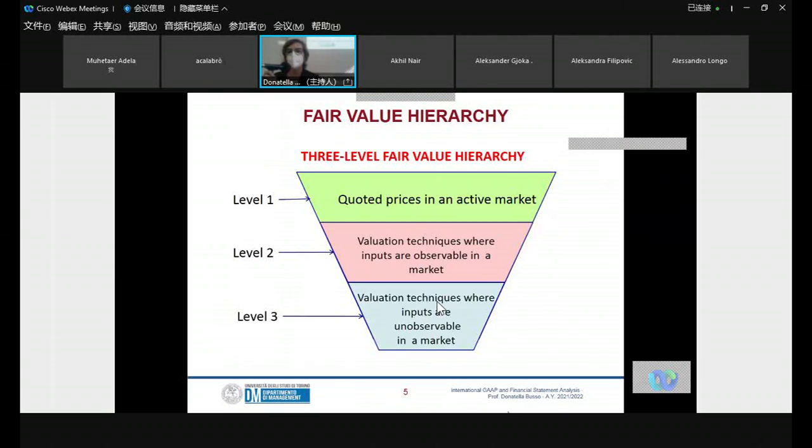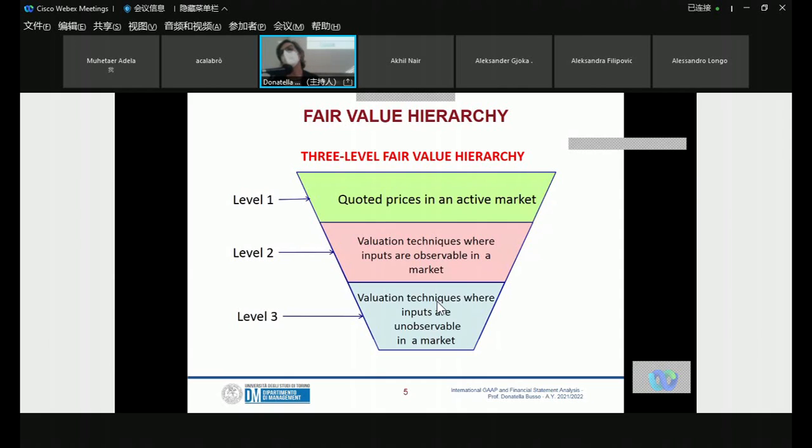But there are other assets and also liabilities that are not quoted, are not listed. And according to IFRS, some of these assets must be measured at fair value.